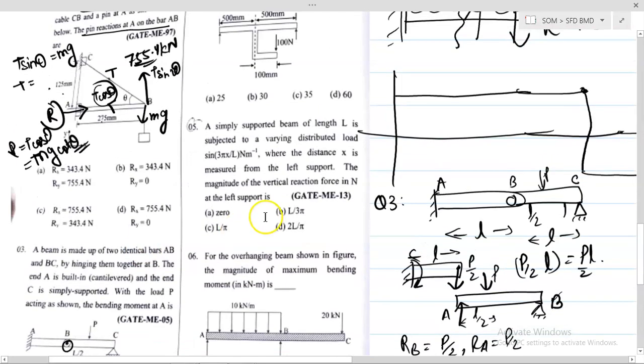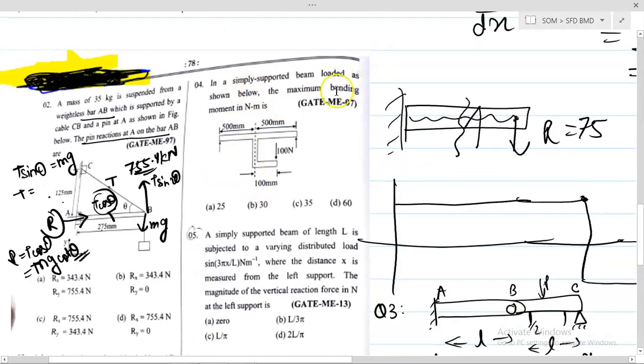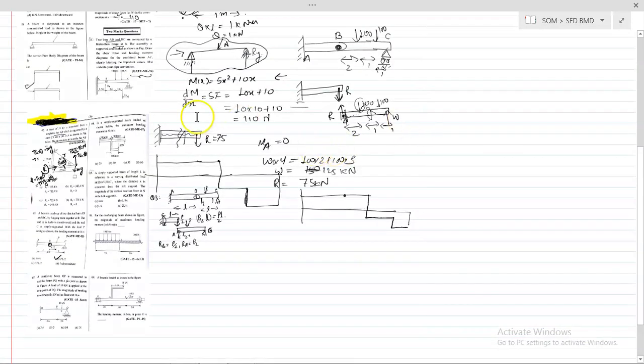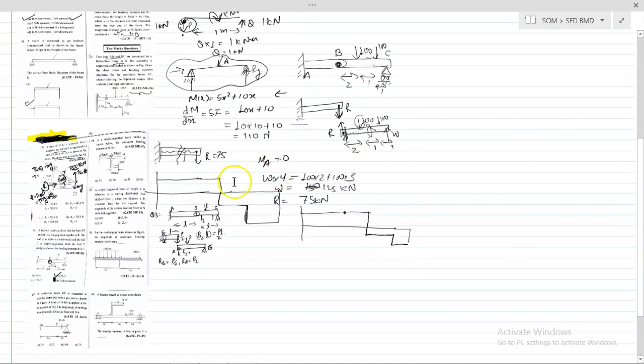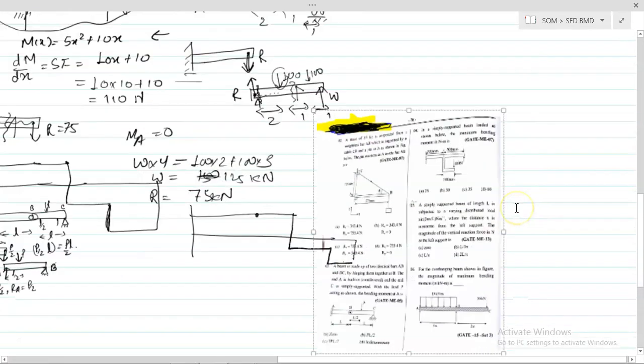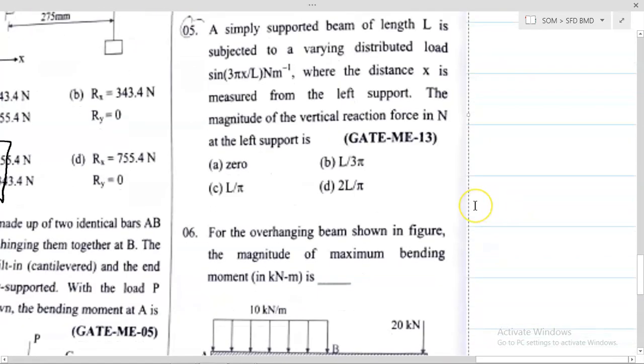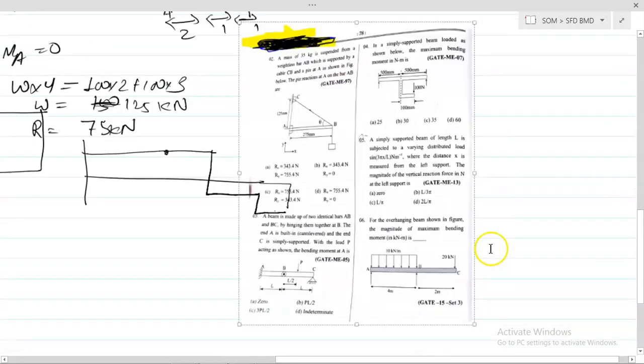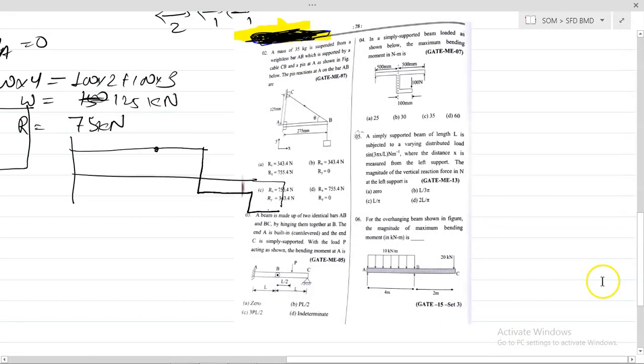Okay, the next question is, suppose this is given, we need to find the maximum bending moment. So this is a lengthy question, I think. Okay, I am going to discuss it at this point.